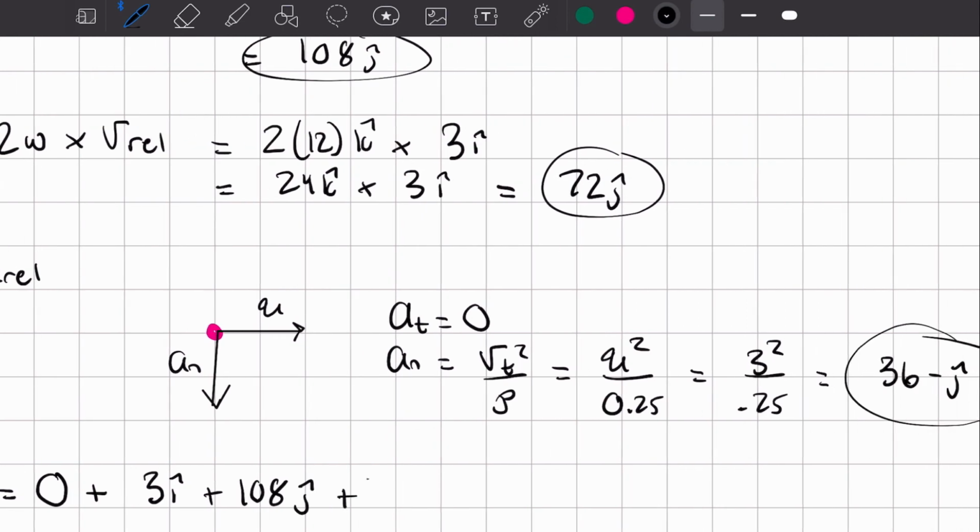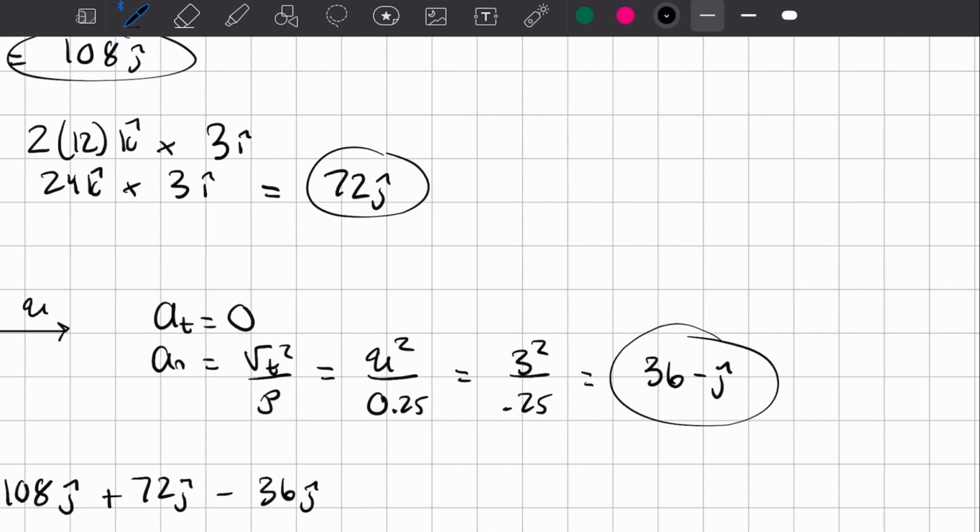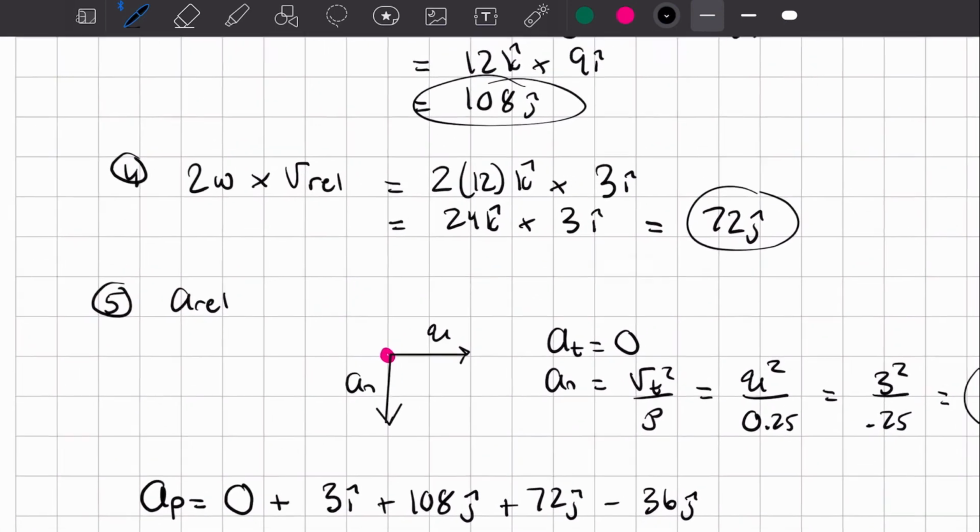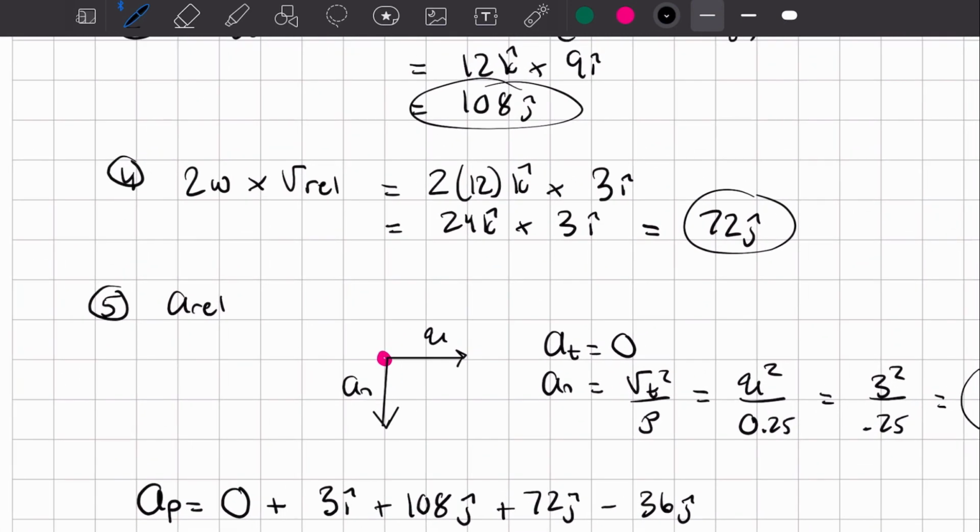We're going to have a plus 72 j hat from the Coriolis acceleration, and a minus 36 j hat, which comes from the relative acceleration. And so if we combine all of our terms, it's going to be 3 i hat plus 144 j hat, in meters per second squared.